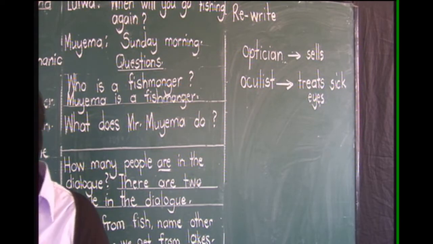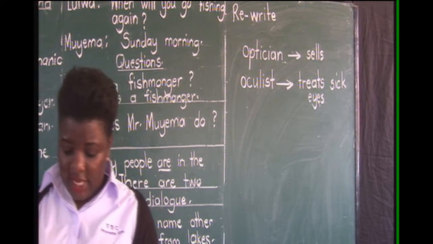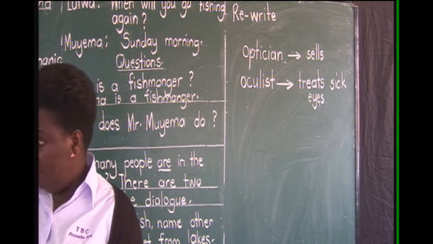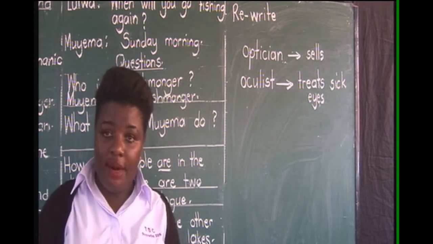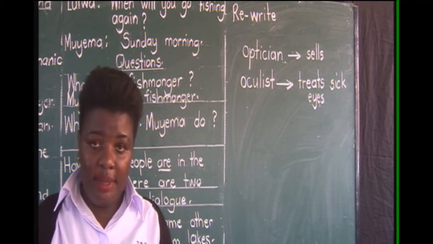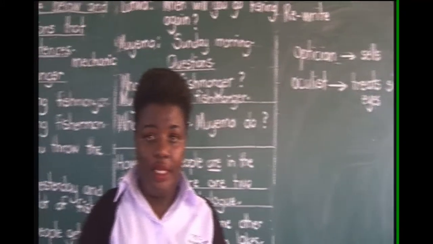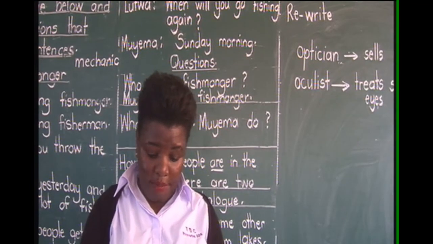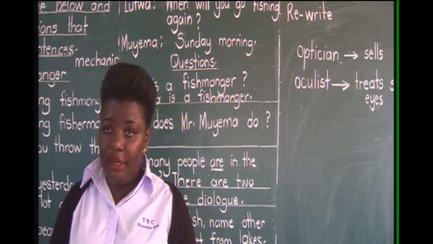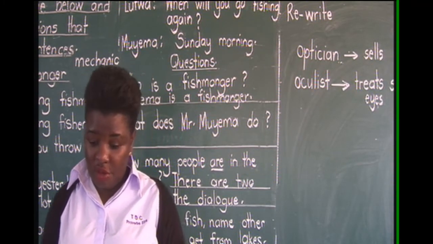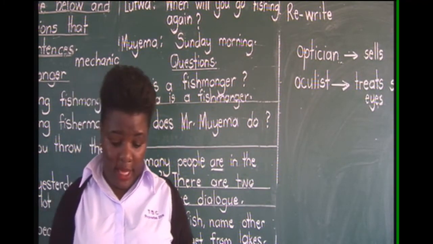Stella is a person who types office work. She got married to a person who makes furniture. We've talked about that. Remember, you're just giving a single word. You're not writing the sentence again.